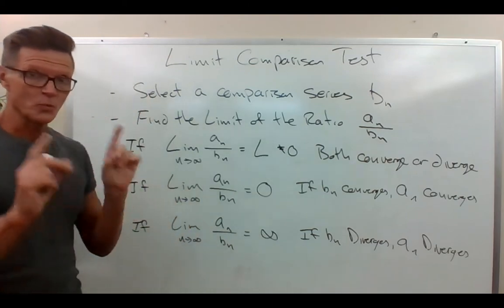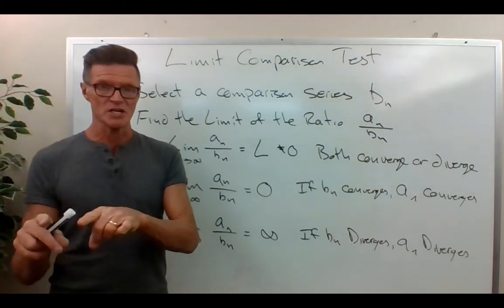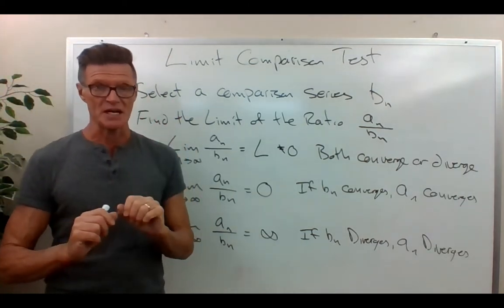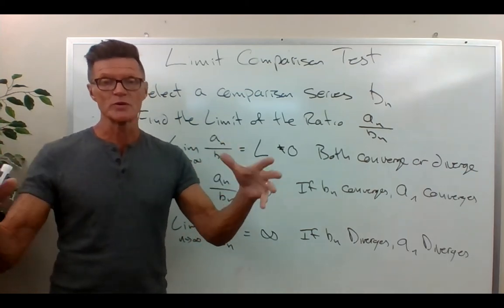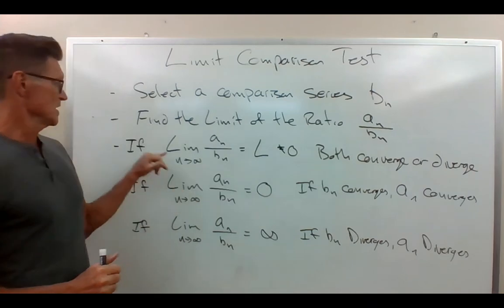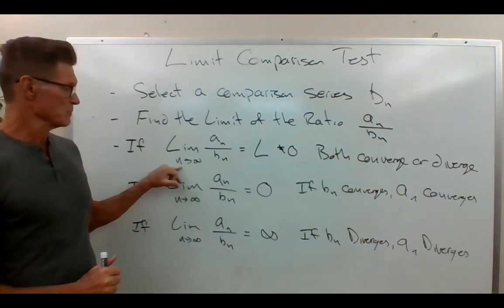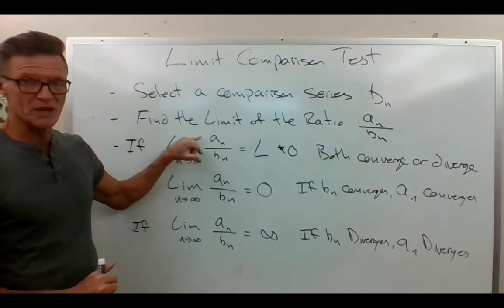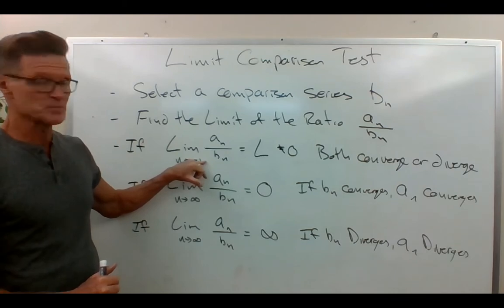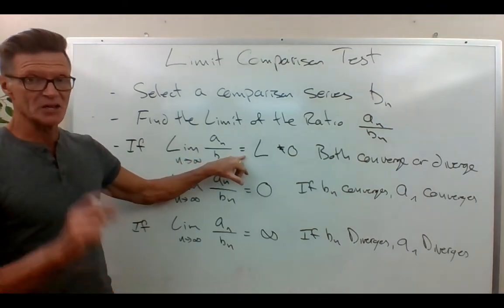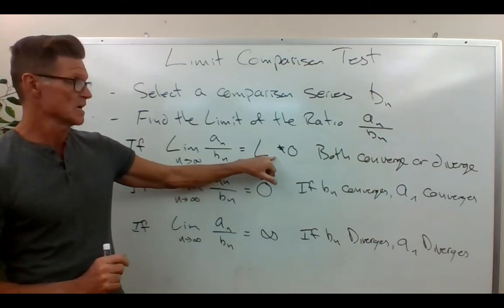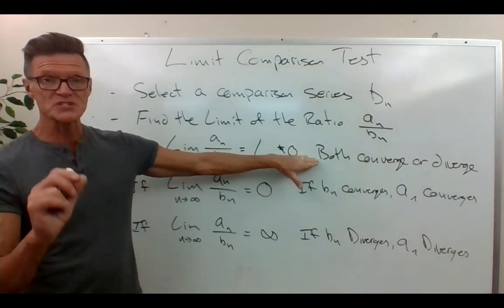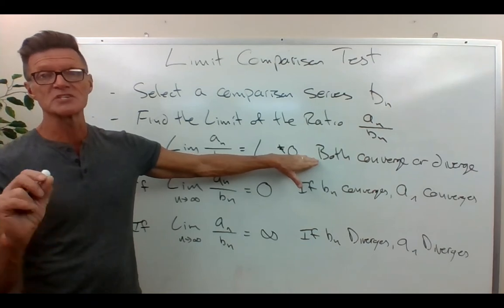We want to find the limit of that ratio. Once you find the limit of the ratio, one of three things is going to happen. Number one, it will actually have a limit, which we will call L. If the limit as n approaches infinity of A sub n divided by B sub n is equal to some limit L, and that limit cannot be equal to 0, that will be the second case, then either both series converge or both series diverge.